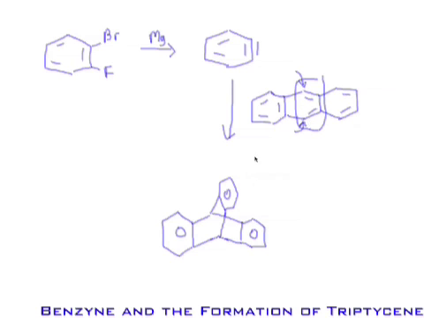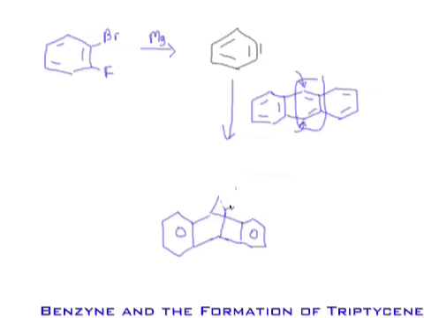Let's use some different colors to show this reaction a little more clearly. I'm going to use black to draw my benzyne. So I'm going to redraw the benzyne in black. I'm going to leave the diene in blue, but where the Diels-Alder reaction occurs, the bonds that join up, I'll draw them in red.